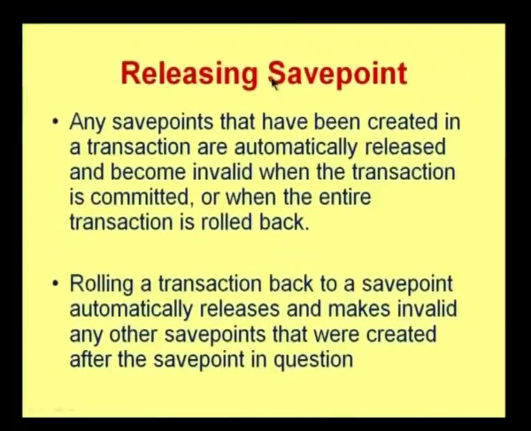So what does releasing a save point mean? Any save points that have been created in a transaction are automatically released and become invalid when the transaction is committed or when the entire transaction is rolled back. Think that I have committed. After I commit, I do 2 operations, and after that I create a save point, save1, and then I execute a few other statements.